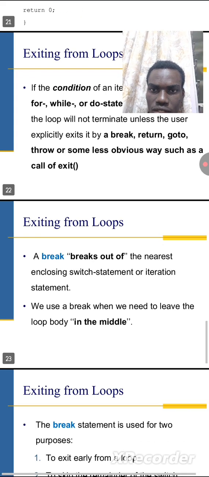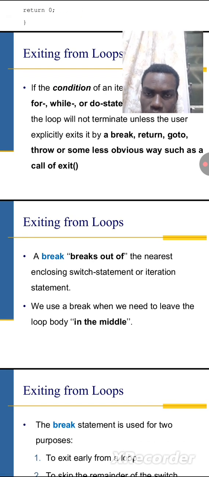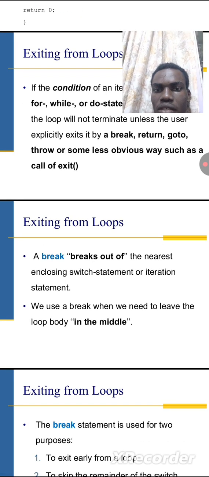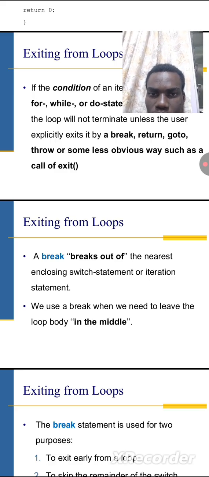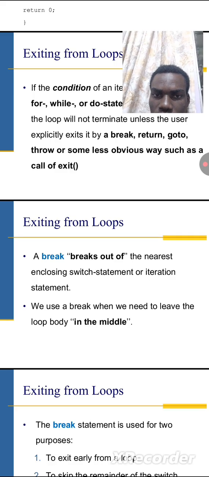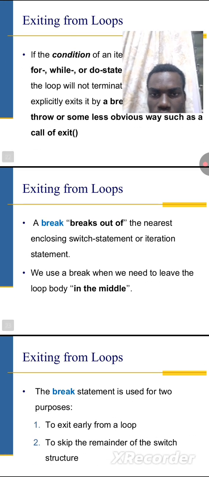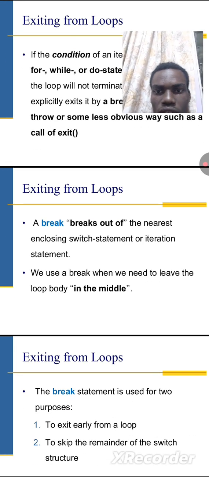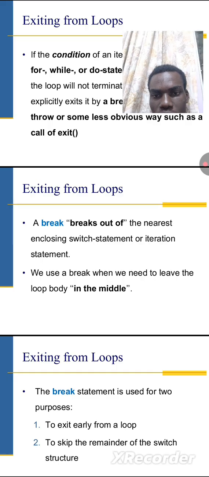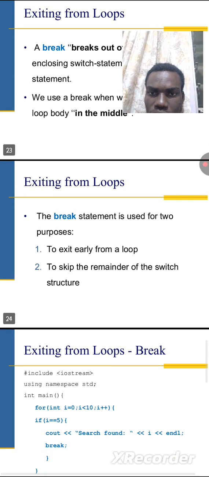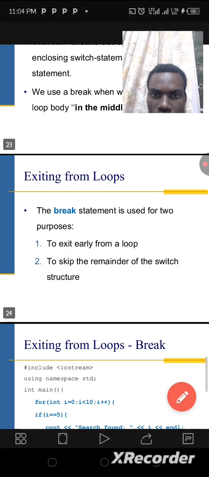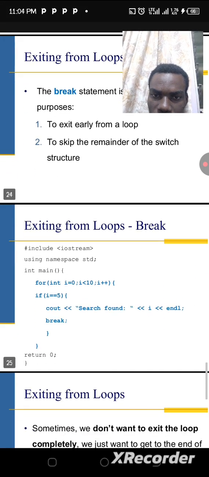So we are looking at exiting from loops. A break breaks out of the nearest enclosing switch statement or iterative statement. We use a break when we need to leave the loop body in the middle. The break statement is used for two purposes: to exit early from a loop, and to skip the remainder of the switch statement.